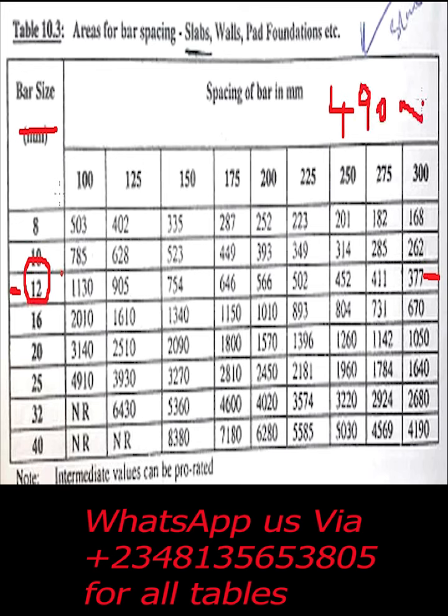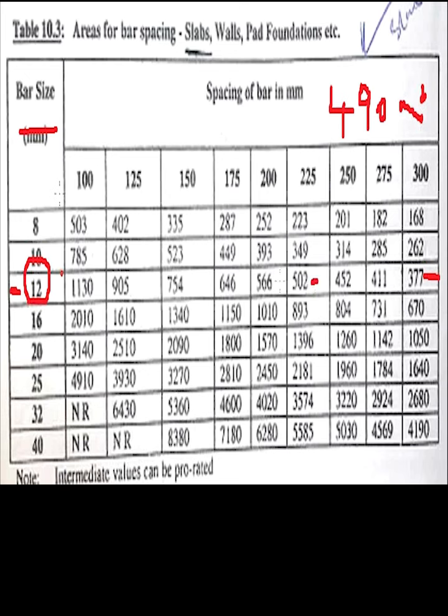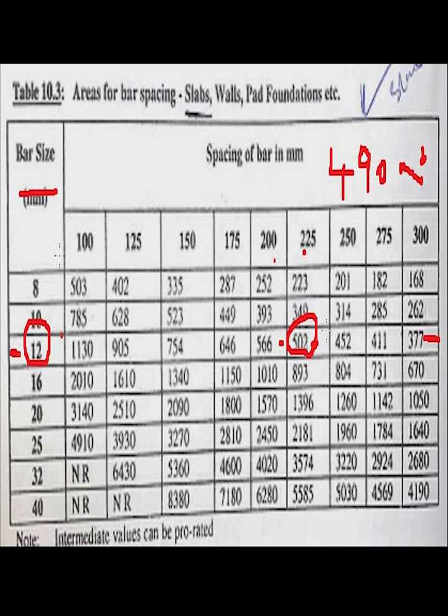mm squared, the area to be provided should be higher than this, but the difference should not be too much. Like 502 is higher than 490, and 566. These two should be okay. So the higher the area, the lesser the spacing. So if we are using 502, then you trace to the top to get your spacing.